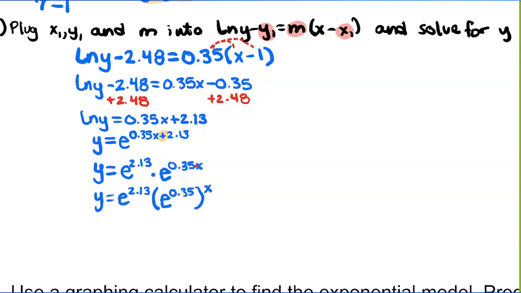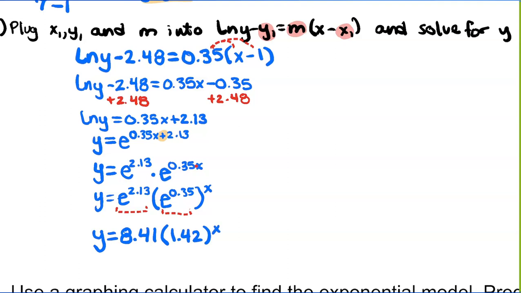The reason we did that is because you can plug in e to the 2.13 in your calculator, and you can plug in e to the 0.35, and you can get actual numbers. We want actual numbers. So when you do that, you'll get y equals 8.41 times 1.42 raised to the x.